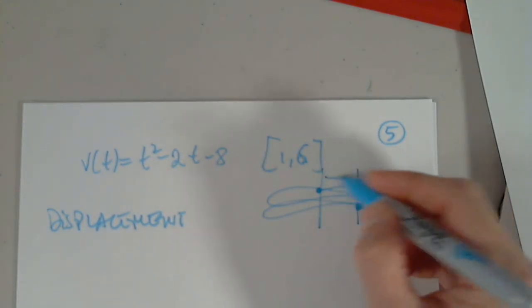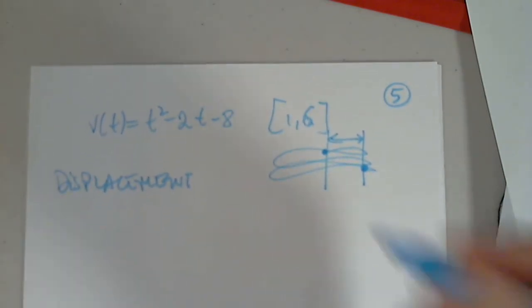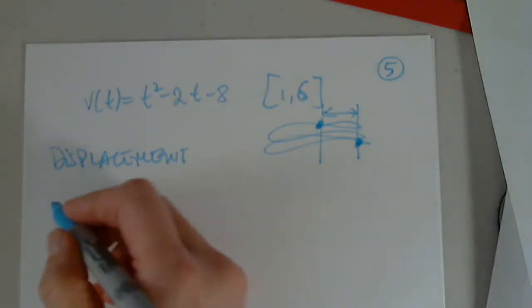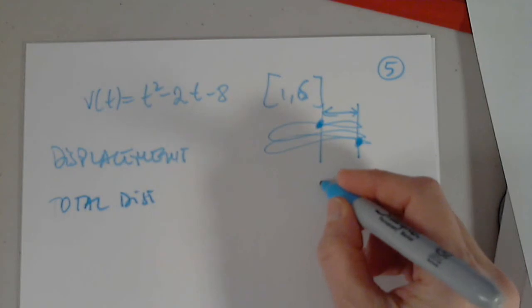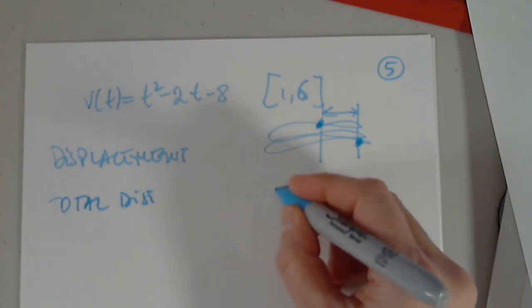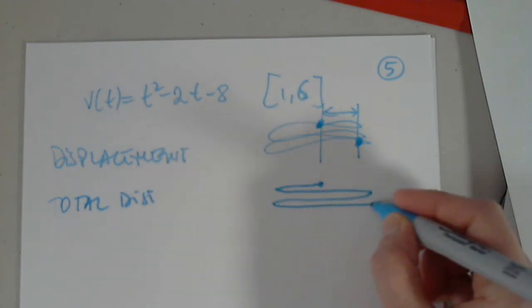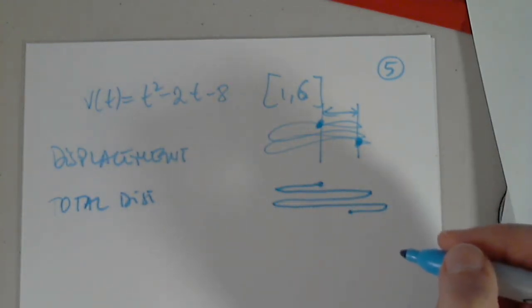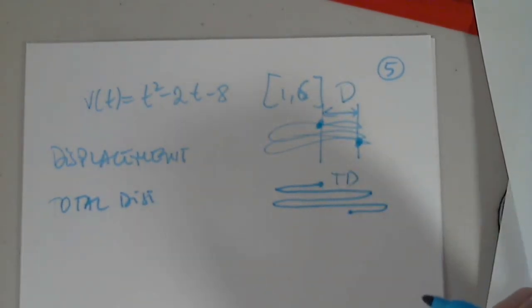This is the displacement, from the starting point till the ending point. So the total distance is something else. It starts here, and I'm adding this, and this, and this, till this point. Okay, so this is the displacement and this is the total distance.